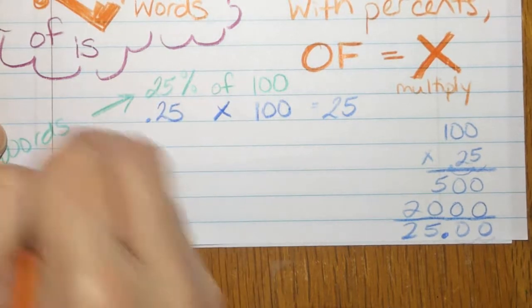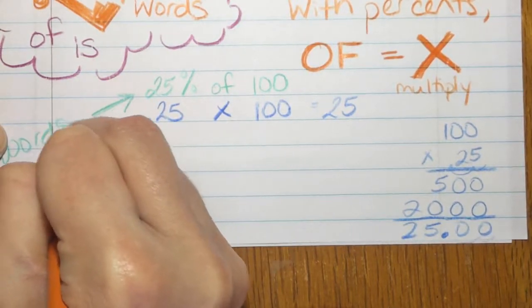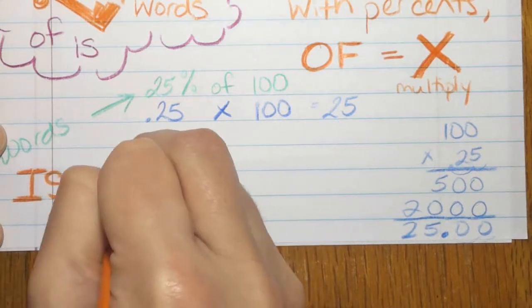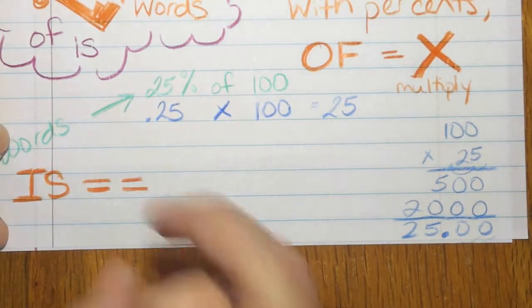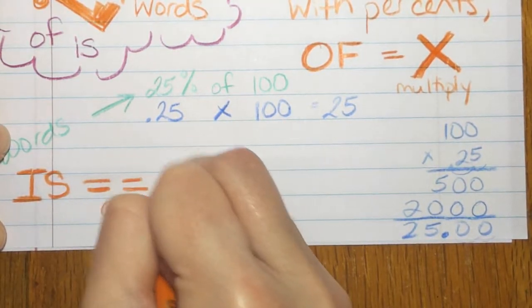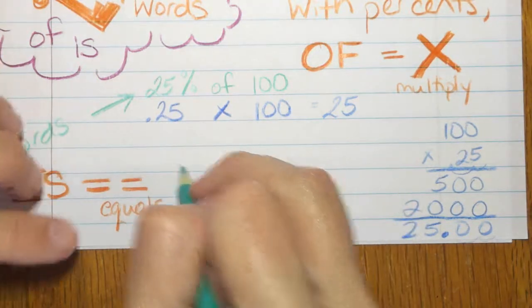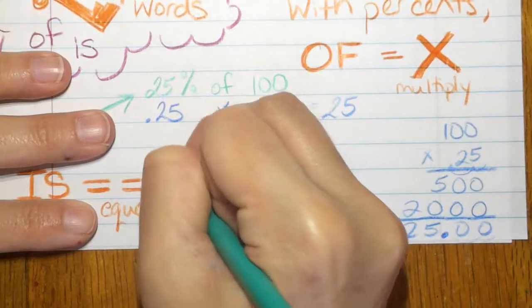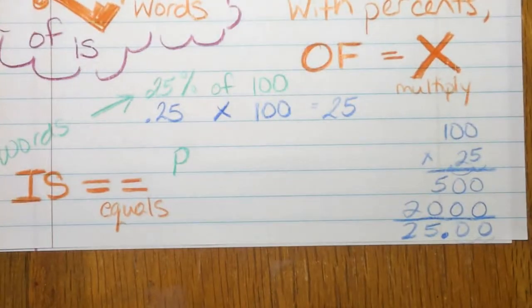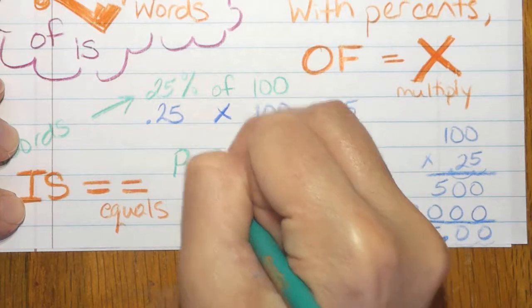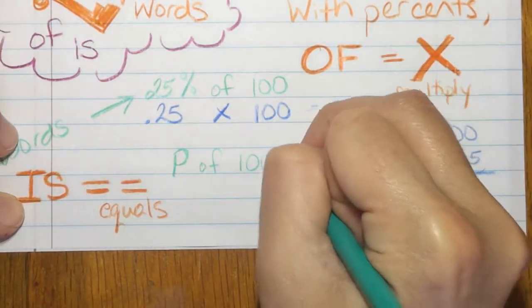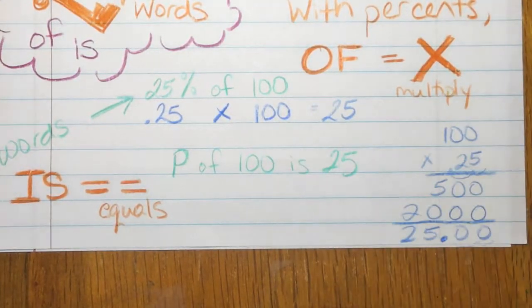Is, this is going to be fun, equals. Okay. So that would be where they say, like, what percent, and so you have an unknown: what percent of 100 is 25. Okay.